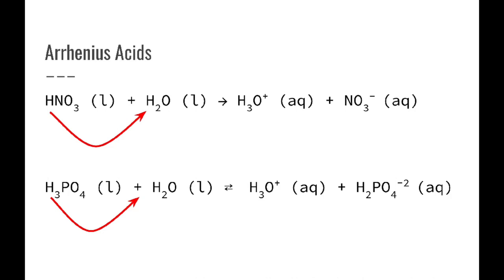For my two examples, and you only need to write one in your notes, I have a strong acid in the first example, nitric acid, HNO3. The acid is going to donate its hydrogen to H2O, which creates H3O+, or hydronium.